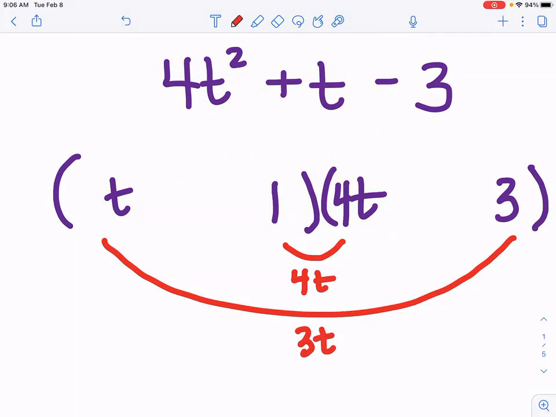Hey, which one should be positive? We have positive 4t and negative 3t. Then those add up to be our middle term.